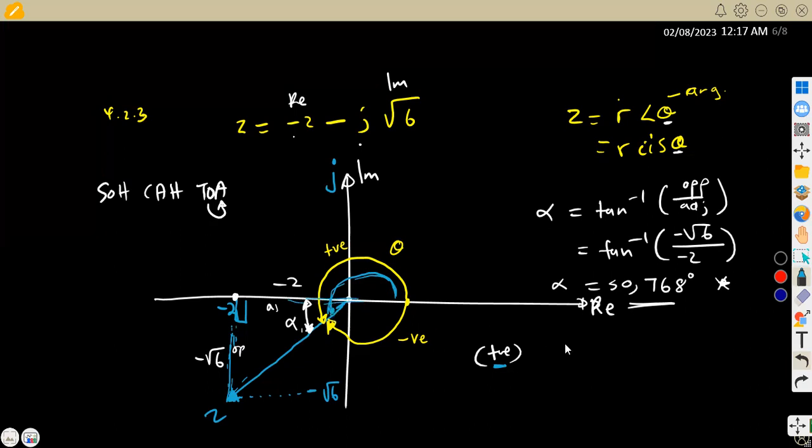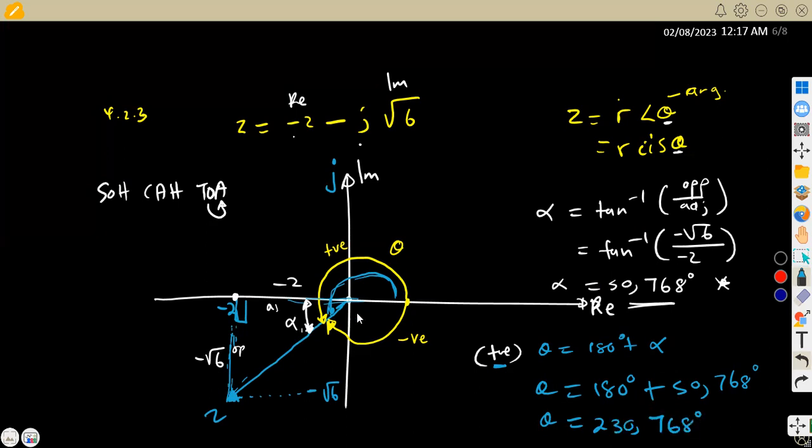So our theta is going to be 180 degrees plus alpha, where alpha is 50.768 degrees. This is the most important part. If we add these two, we must obtain something like 230.768 degrees. So that's our theta, which is the argument.